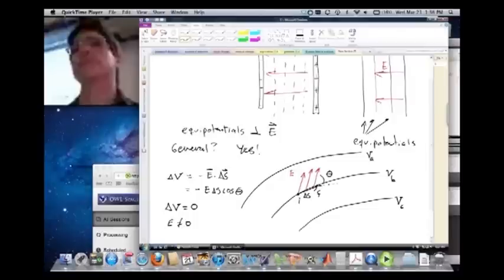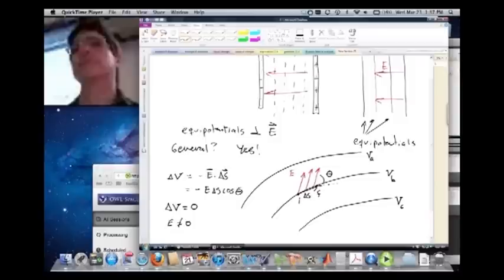The dot product between two vectors is defined as the magnitude of one times the magnitude of the second vector times the cosine of the angle between the vectors. As you can see from the diagram, the angle between the delta S and E is theta. So the change in potential going from I to F is minus E delta S cosine of theta.